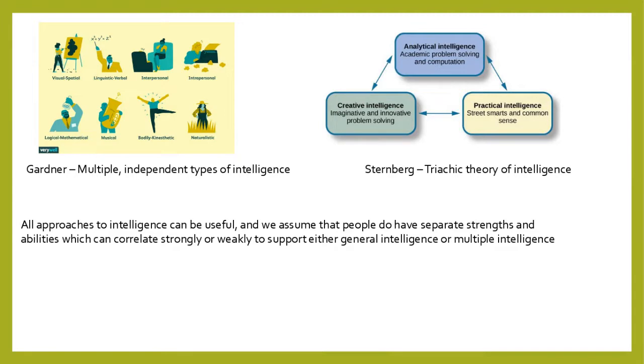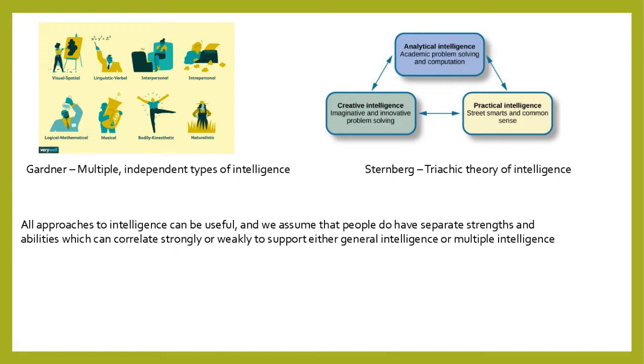There are different types of intelligence, multiple: visual, spatial, linguistic, interpersonal, intrapersonal, mathematical, musical, bodily, naturalistic. So Gardner proposed it's not just one intelligence, there are multiple types of intelligences.